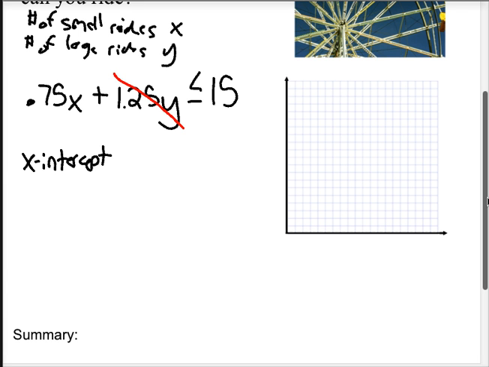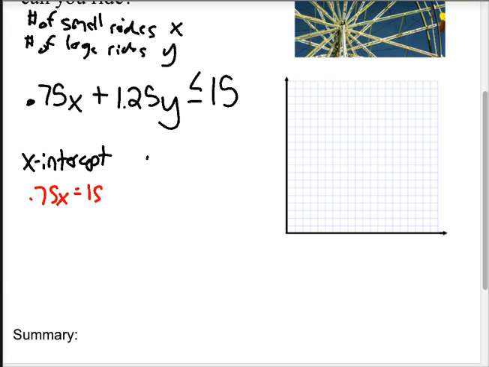So you would just have 0.75x is less than 15. Okay, and if we're finding the intercept, I'm just going to use equals. And then same thing for the y-intercept.